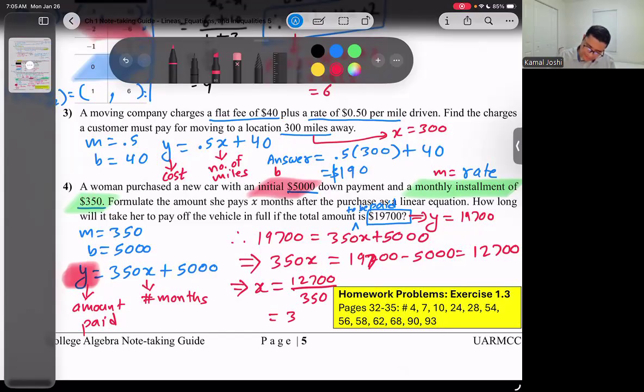3 times gives you 105. So you get 22. 220 should go.